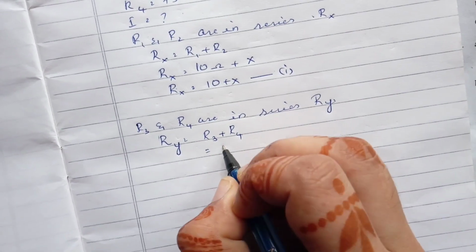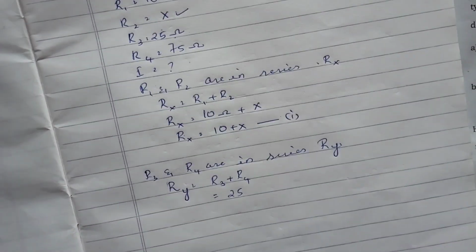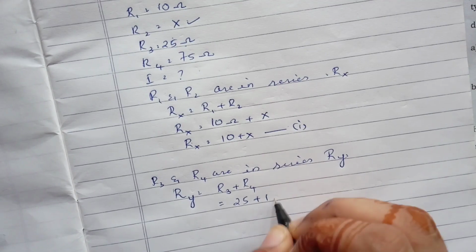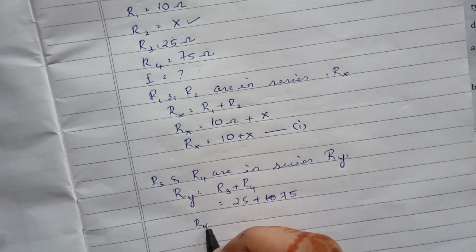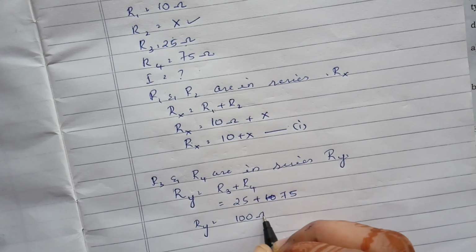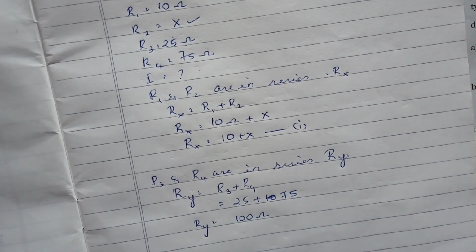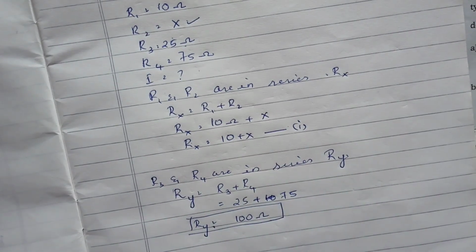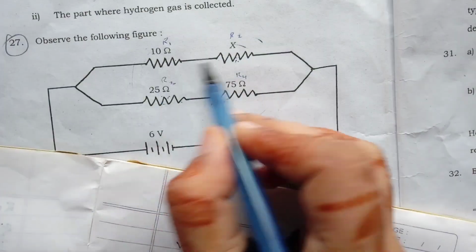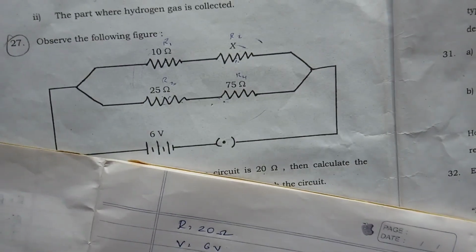My R3 is 25 ohms, see here, 25 plus my R4 is 75. So my Ry totally is going to be 100 ohms. Okay, so I have found out this series combination, this series combination.